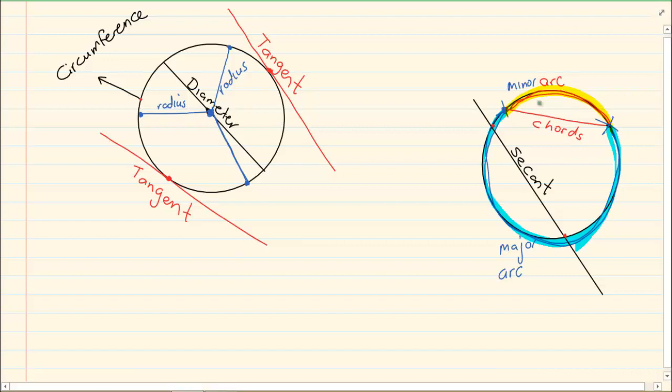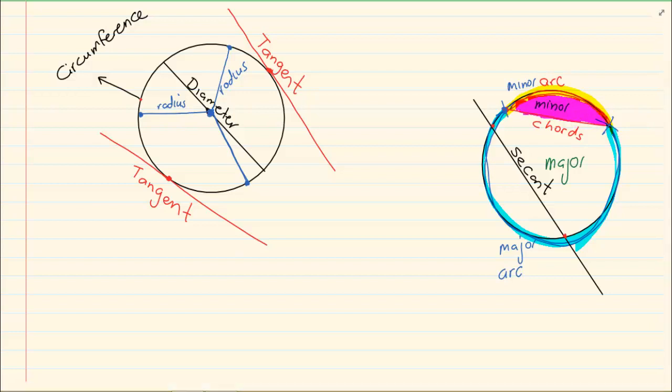Minor segment refers to this chord is cutting the circle in pieces. That's what it's doing. It's cutting it in pieces. So this is a minor segment and this part is a major segment. So if we were to color in, I'm going to color the minor segment purple and then I'm going to color my major segment yellow.